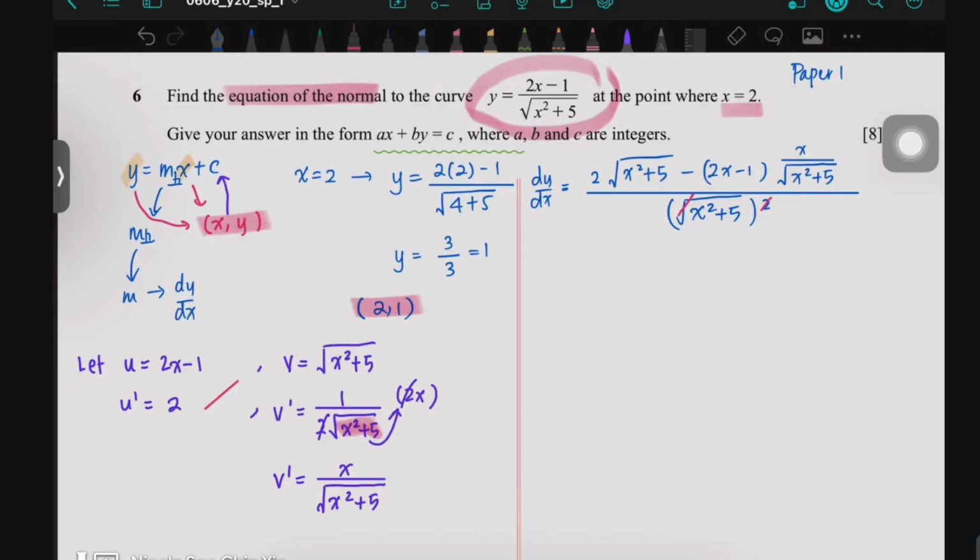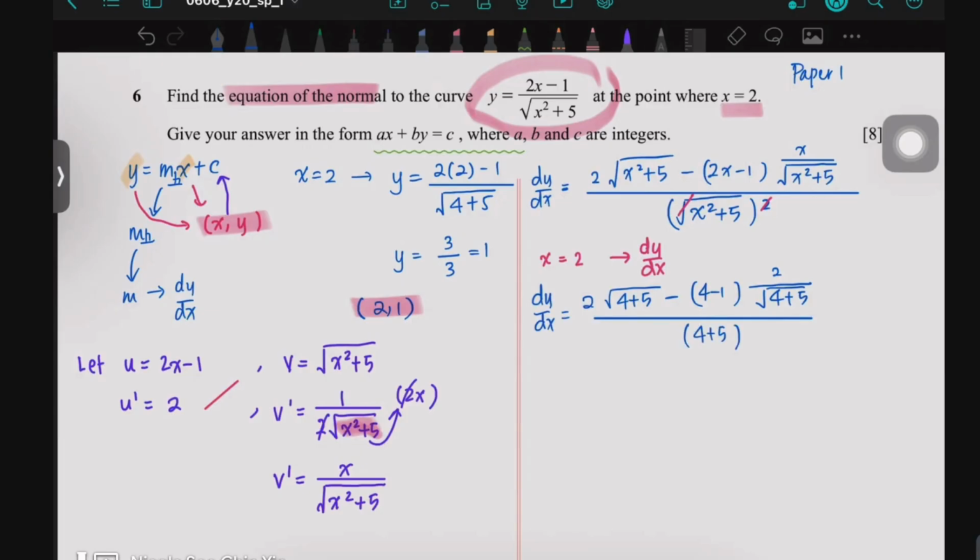So the next step, I'm going to substitute x equals 2 into my dy/dx straight away. So I will get 2 root of 4 plus 5 minus the 4 minus 1, here 2 over root of 4 plus 5, over 4 plus 5.